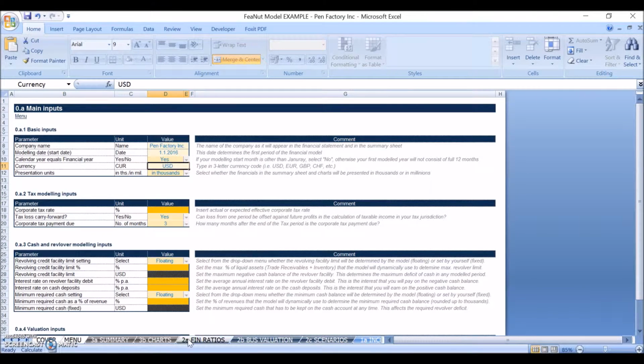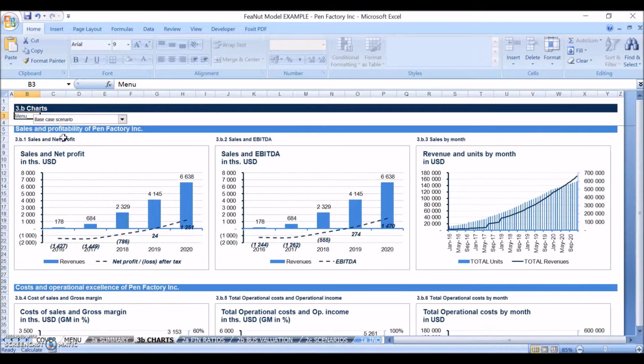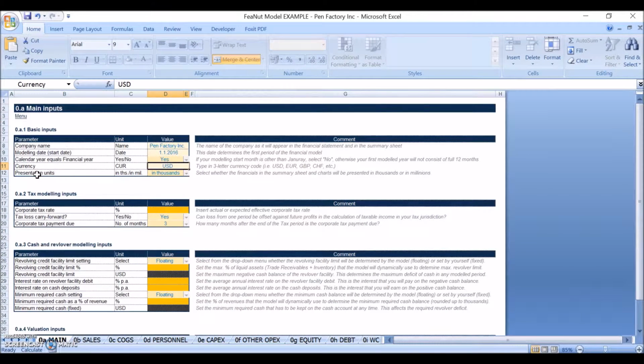Or if I go to, for example, charts, here it says that it's in thousands of dollars, which is my next selection in here. So for presentation purposes, for charts and for the summary, the executive summary worksheet, I can select whether the numbers should be presented either in thousands or in millions.